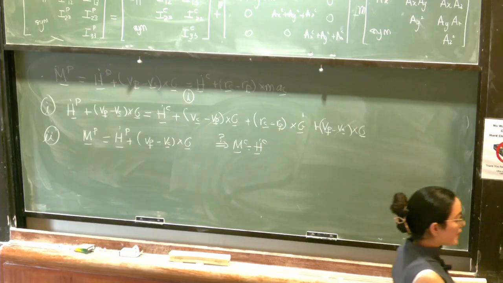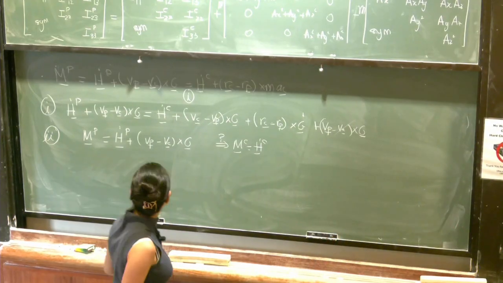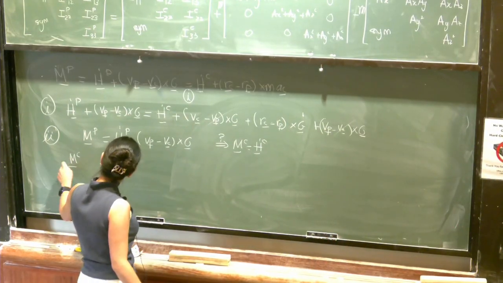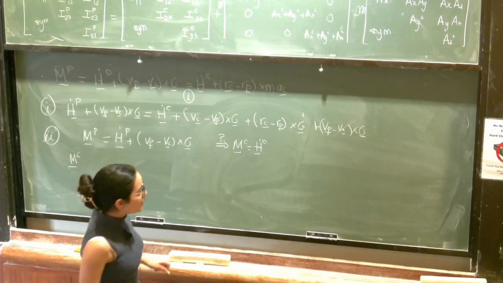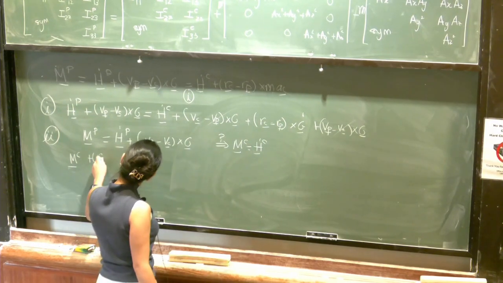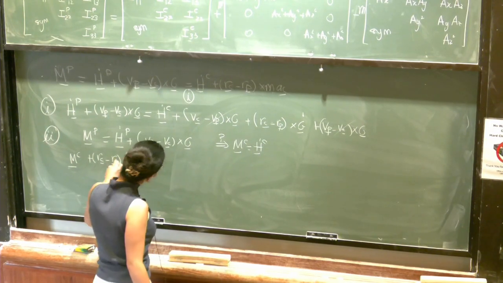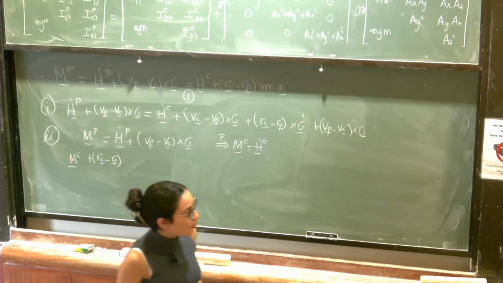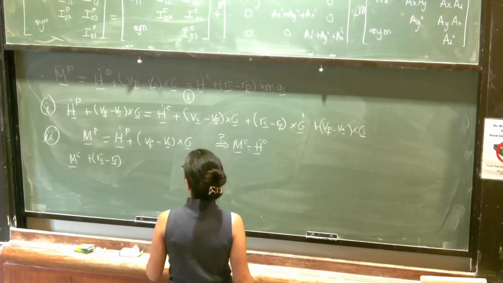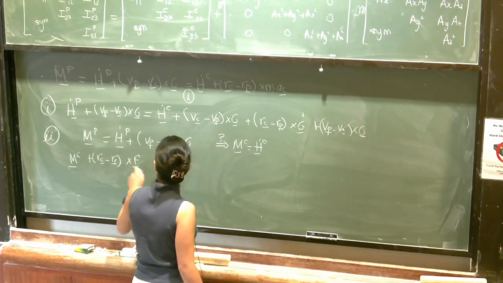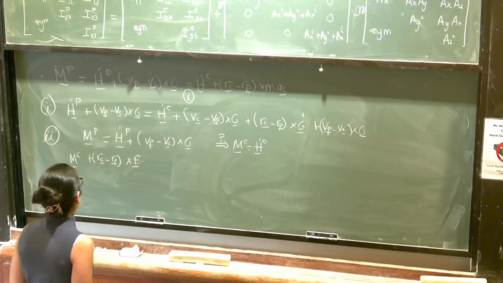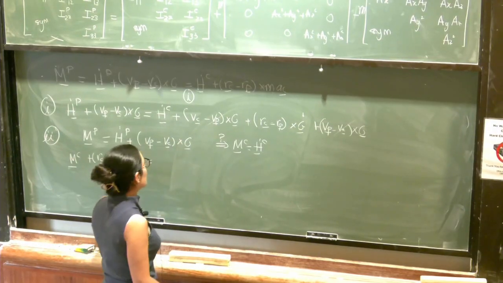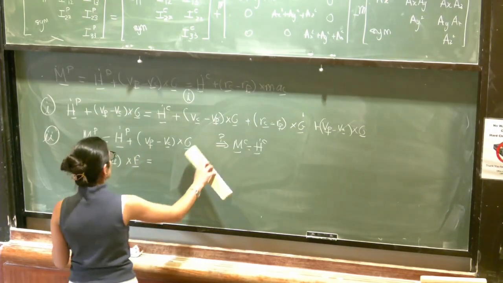Exactly. I could replace MP by MC plus Rc minus Rp cross F, and maybe I use this form. Instead of showing this, I'll show the other one.